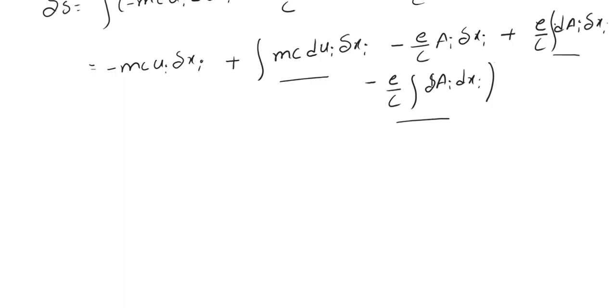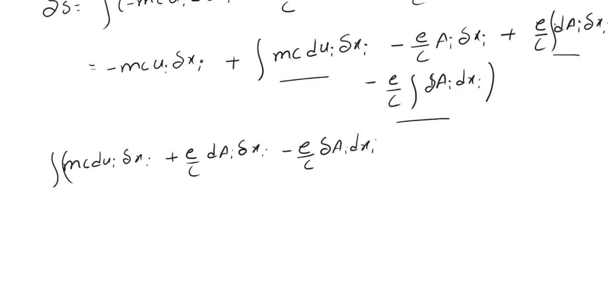What we get is the integral of minus mc dui dxi plus e by c dAi variation of xi minus e by c variation of Ai dxi. And all the parts which don't have any integration, we'll keep in another box, which is mc ui plus e by c Ai variation of xi. So this is our variation of S.